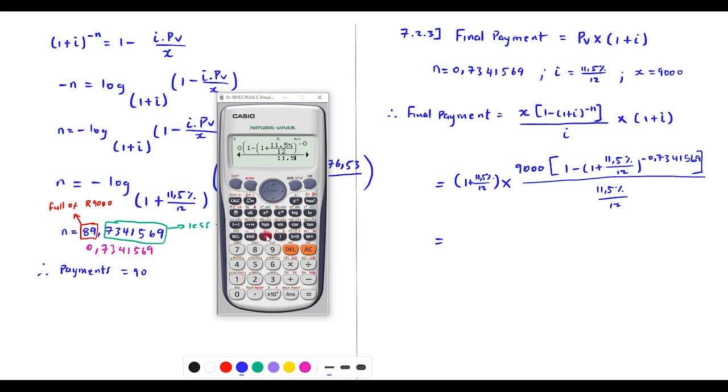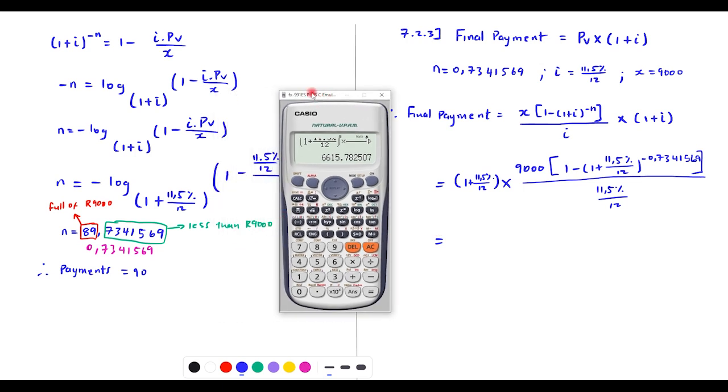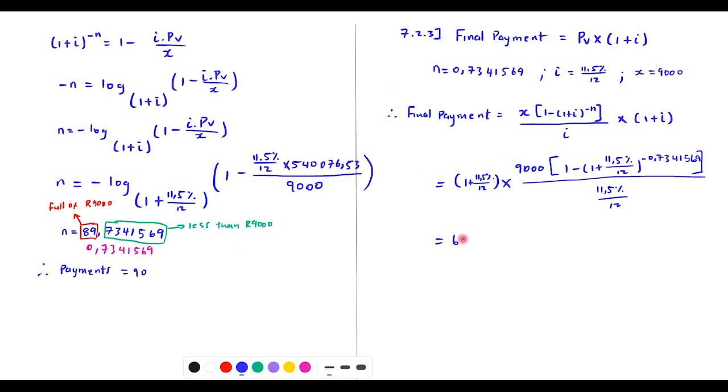Let's see. There we go. See the last payment, like I said earlier, it is less than the 9,000, and it is 6,615.78 cents, and that is how you basically answer the final payment.